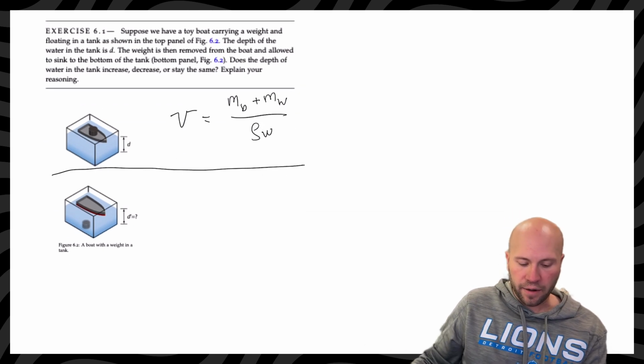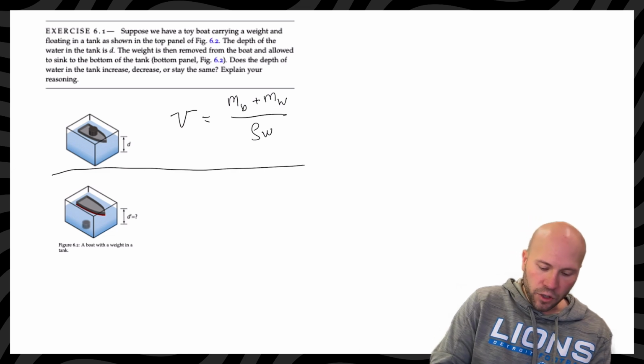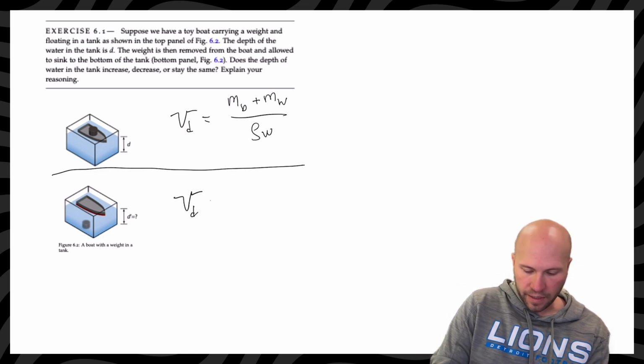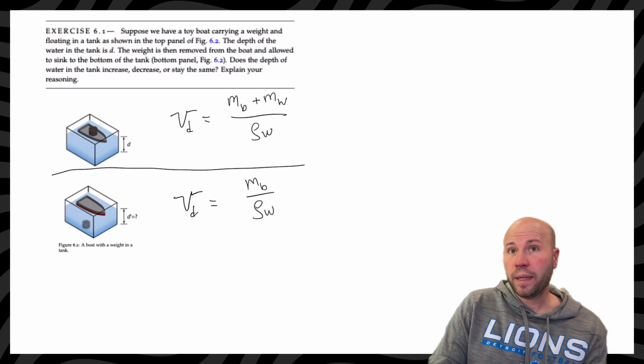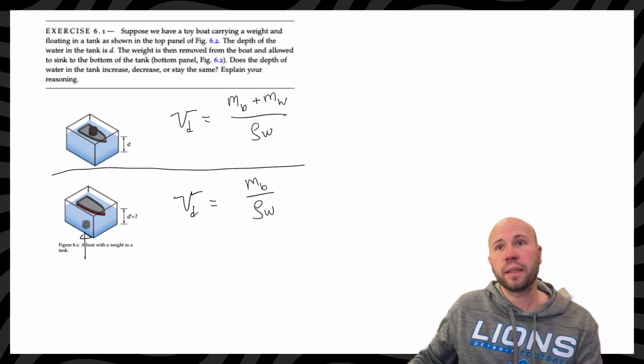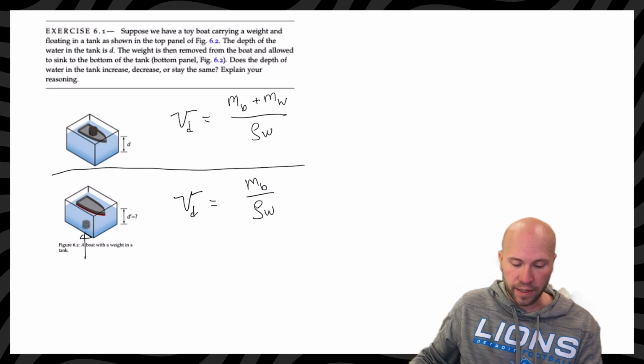In the second scenario, the volume displaced, we'll call that V, is just simply the mass of the boat divided by the density of water, but wait, the weight is also displacing some water. It has some volume, right?